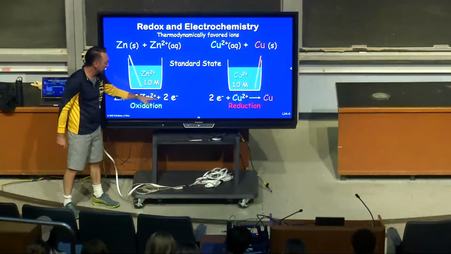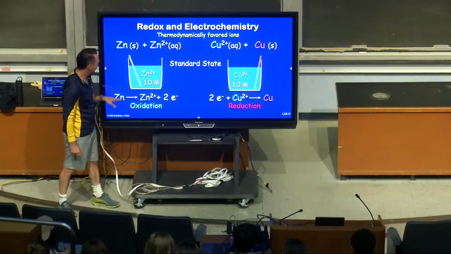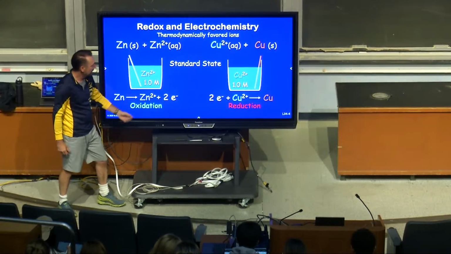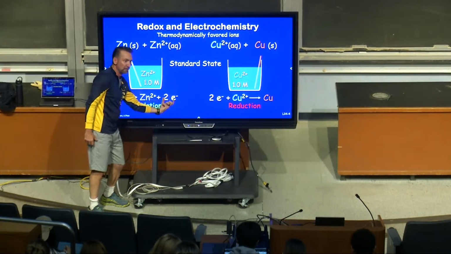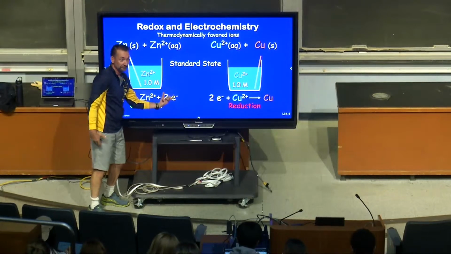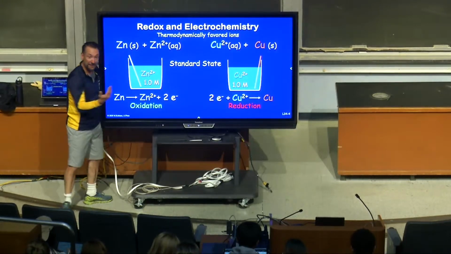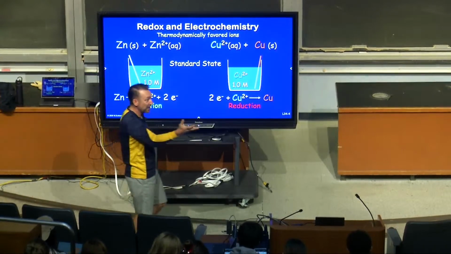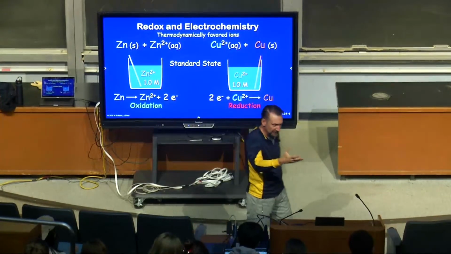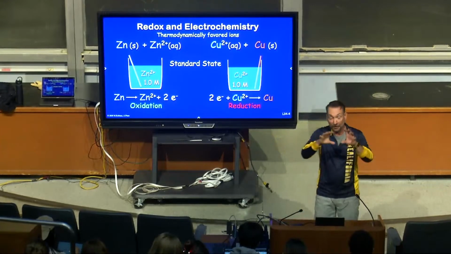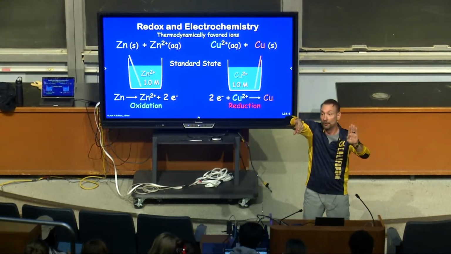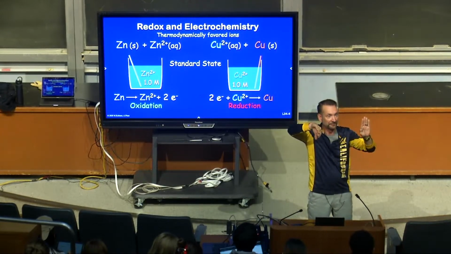Well, clearly there's some electrons involved. If the zinc goes to zinc ions, 2 electrons were removed. So another definition of oxidation is removing electrons. And we saw that when we calculated oxidation numbers, didn't we? We said, if you're going to look at the oxidation number of the central atom, have the more electronegative element remove all the electrons from it.